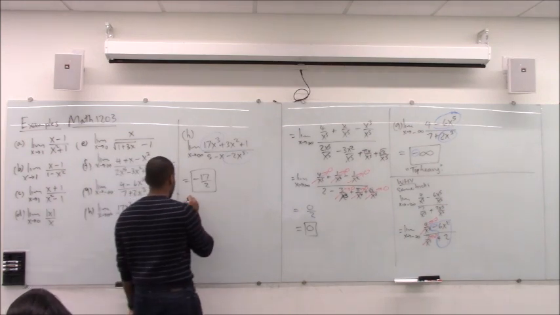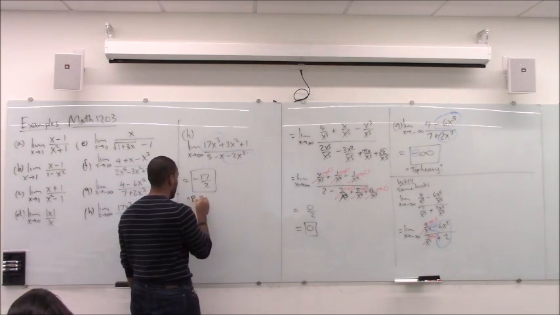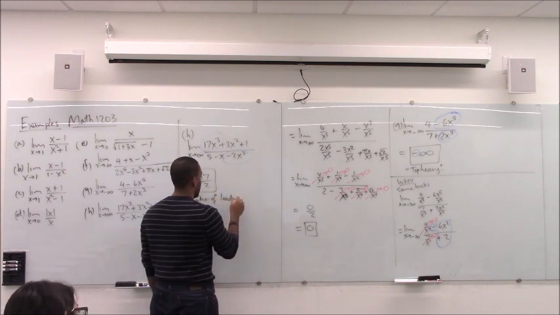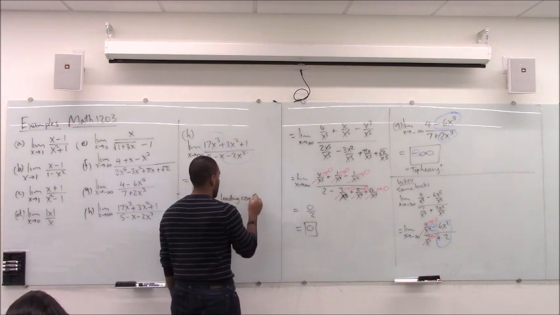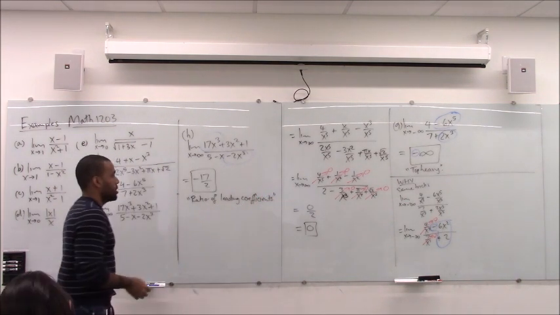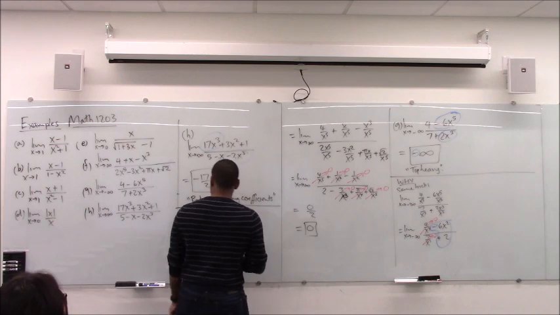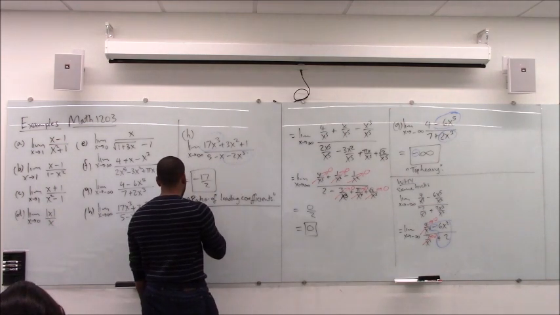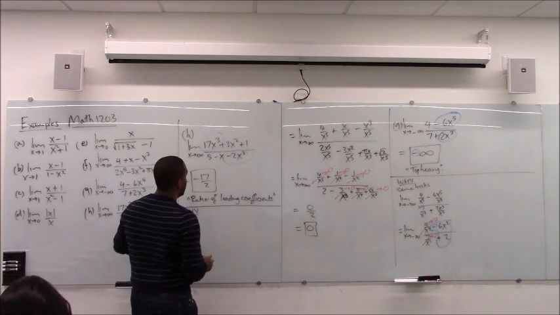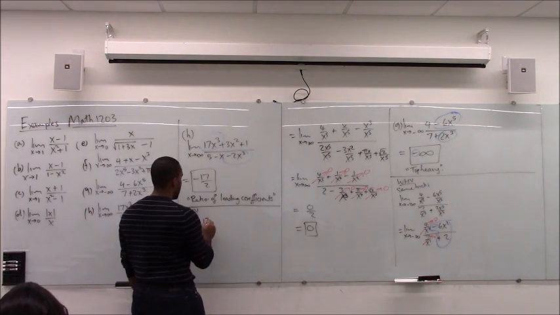There's our experts. This is called the ratio of leading coefficients. And you can do the same thing if you want. If I divide the top and bottom by x cubed, I would get a 17 here.